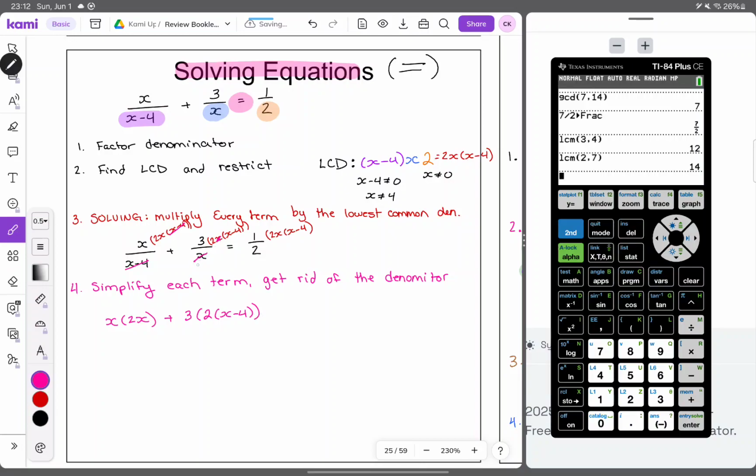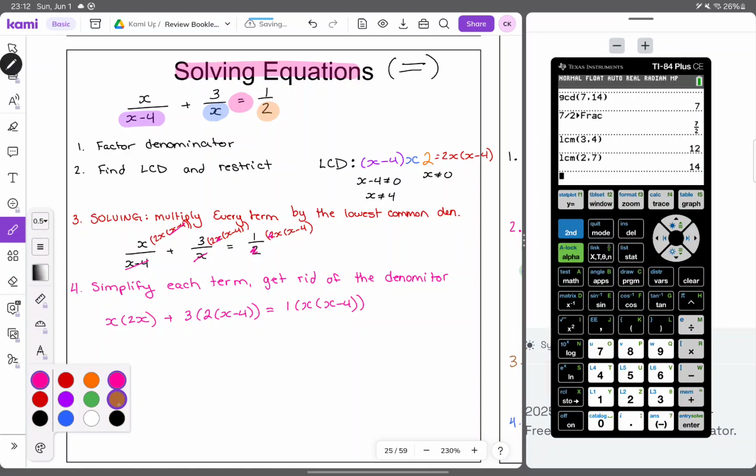Again, no longer have a denominator because it got canceled. This 2 is going to cancel with this 2, so we're going to be left with a 1 times by an x times by an x minus 4. So again, at this stage, we should no longer have a denominator.